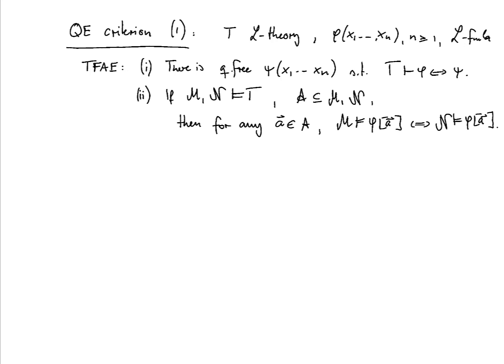And the second statement is the criterion we want to apply to prove this. Namely, suppose M and N are models of T, and A is a common substructure to the two models. Then, for any tuple A in the universe of A, M satisfies phi of A if and only if N satisfies phi of A.